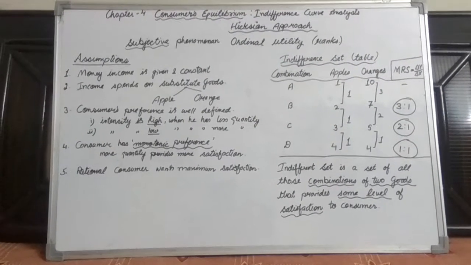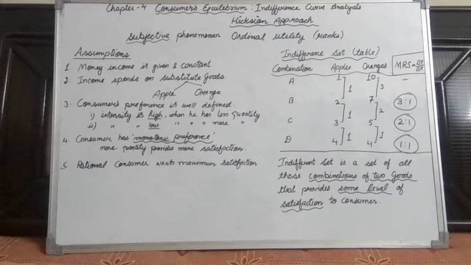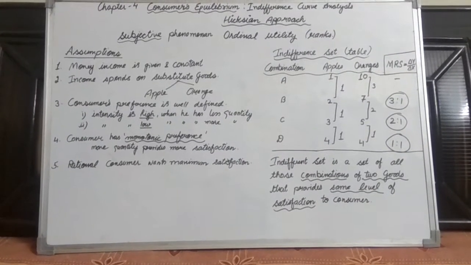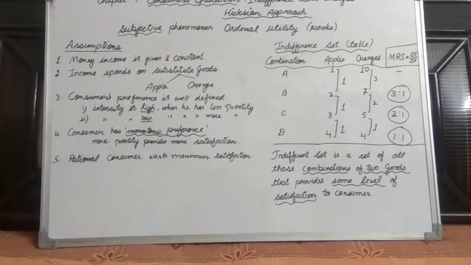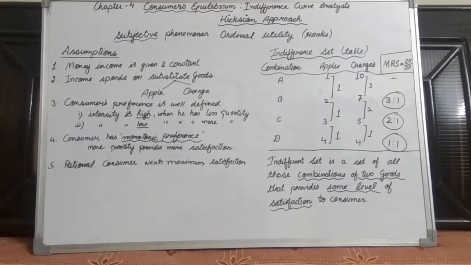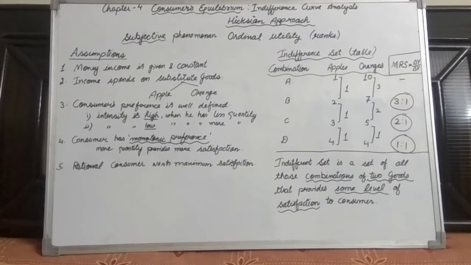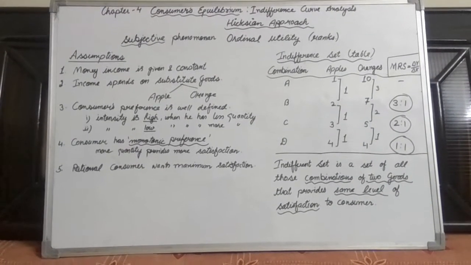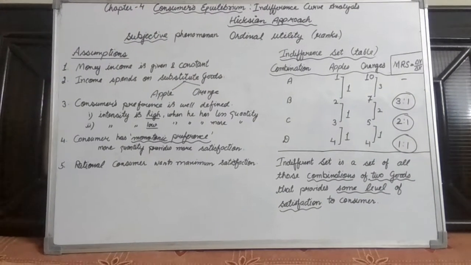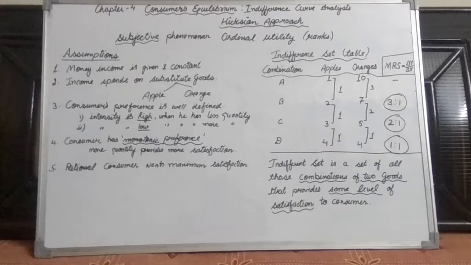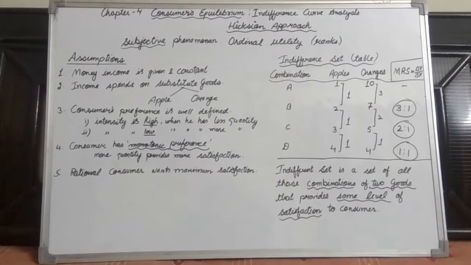So this can be shown with the help of monotonic preference, that more quantity of goods provides more satisfaction to the consumer. Next is that the rational consumer wants maximum satisfaction. This is the same assumption we have taken earlier also, that the consumer in this model is also rational and wants to maximize his satisfaction level by his expenditure.